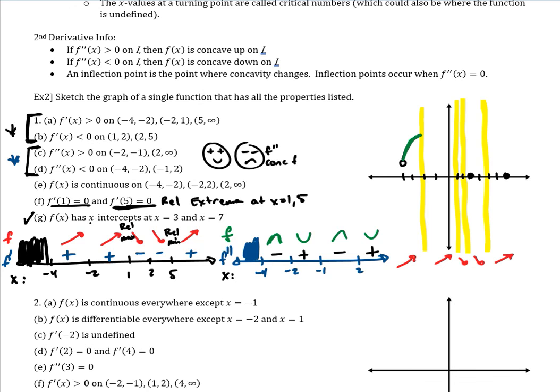At -2, I should have a discontinuity. And also at +2, also a discontinuity. I'm marking the yellow to show I have a discontinuity. Let me put an open dot like that. And so it should have been discontinuous.